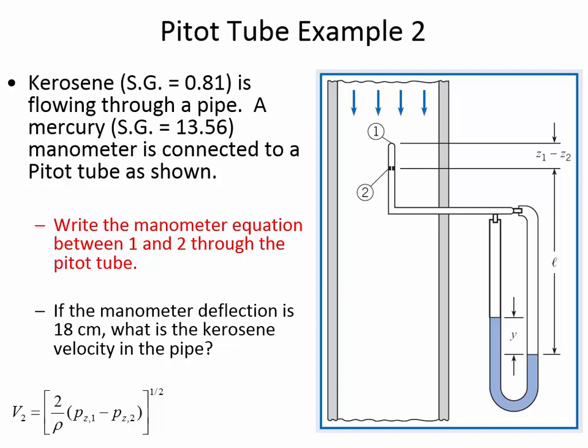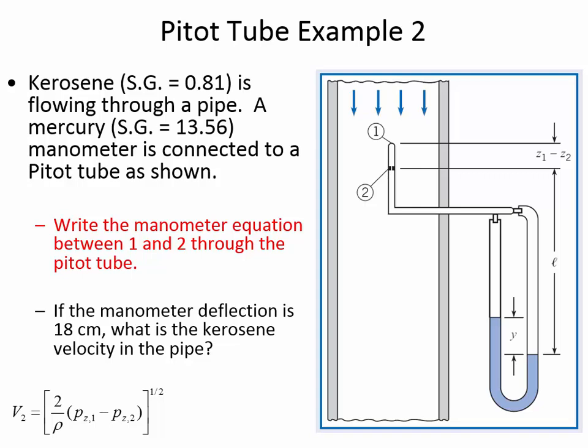Okay, so we've got the pressure at 1, and then we go down some distance. The first distance that we go down is Z1 minus Z2. That's just some distance that takes us from 1 to 2. And inside the tube, there is kerosene. So it goes down gamma kerosene.